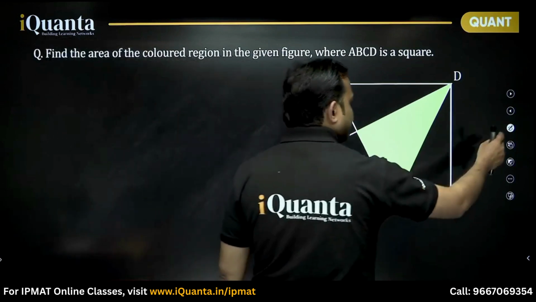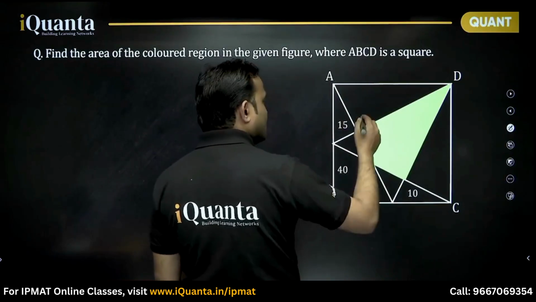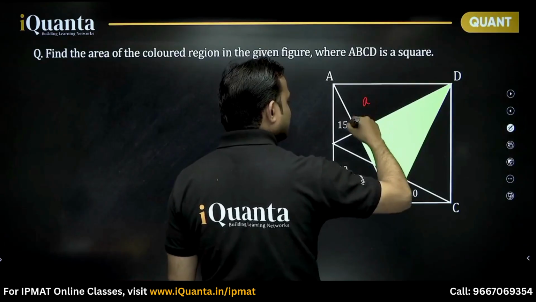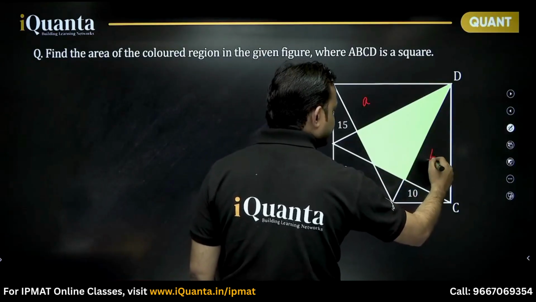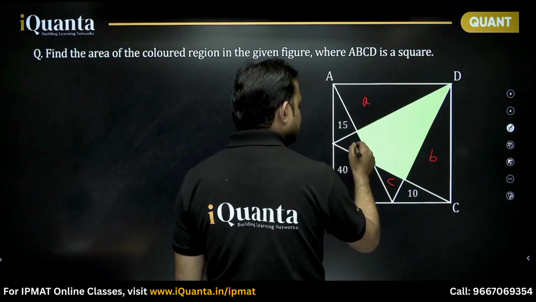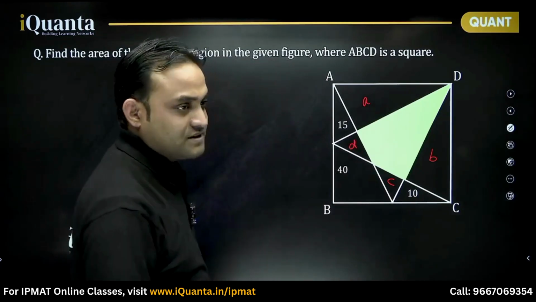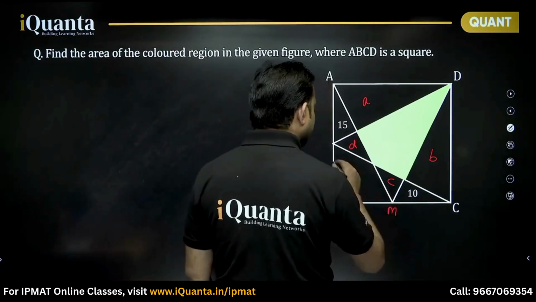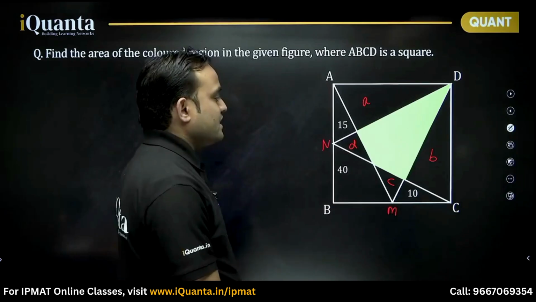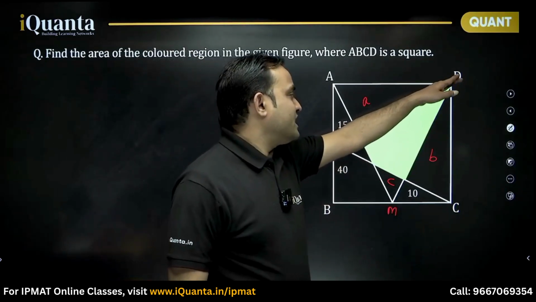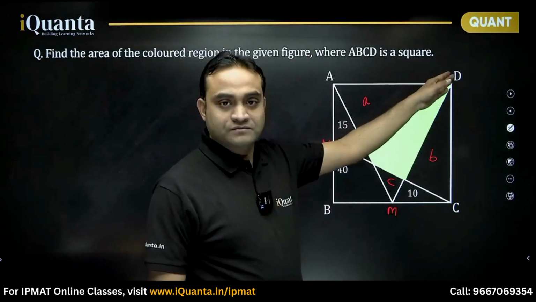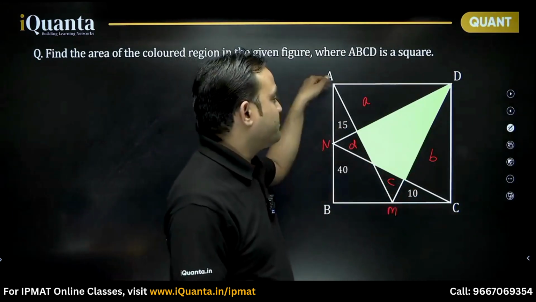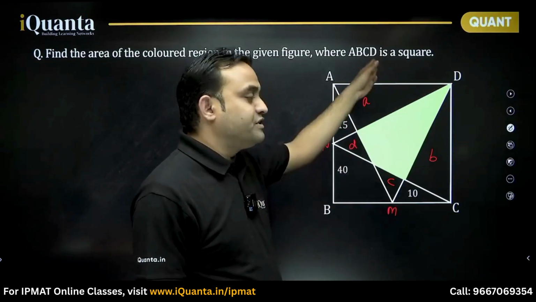So let's say the area of this triangle is A, area of this triangle is B, area of this triangle is C, and area of this triangle is D. Now if this point is M and this point is N, can we say the area of triangle AMD will be nothing but half of the square, because base AD, height will become DC.